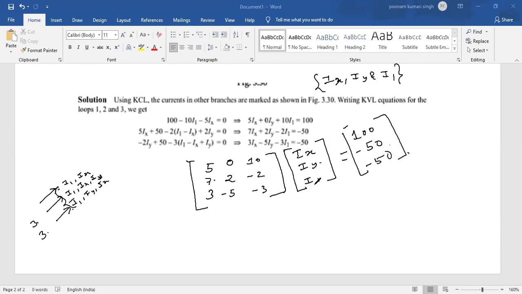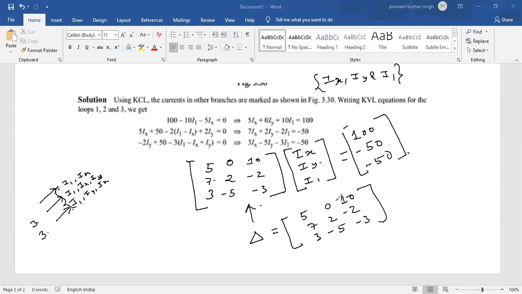One more thing you can do: this determinant or matrix is nothing but delta. That delta you can write as 5, 0, 10, 7, 2, minus 2, 3, minus 5, minus 3. So this is your delta. Now we have delta 1 also, delta 2 also, and delta 3 also.